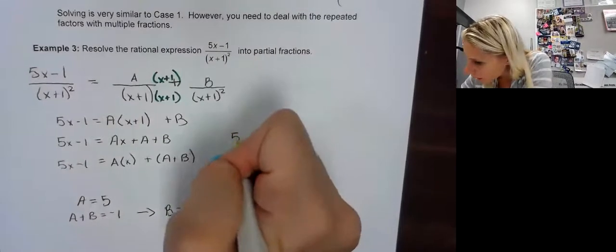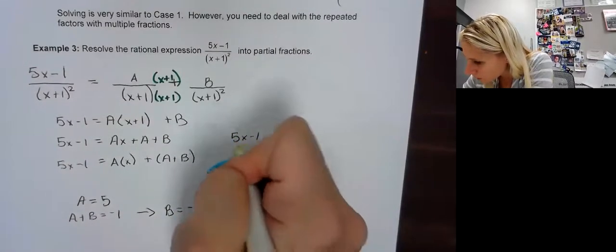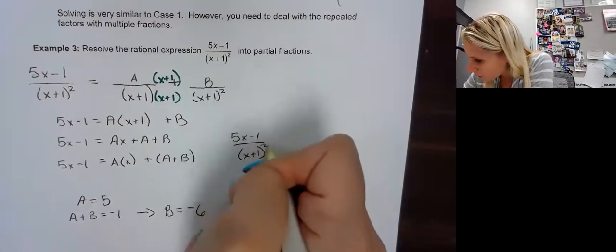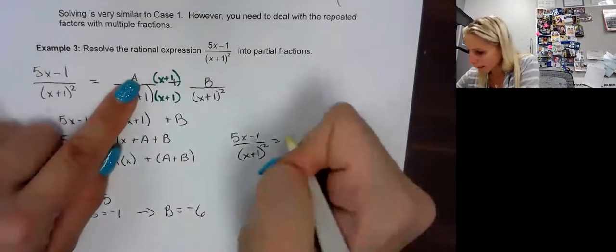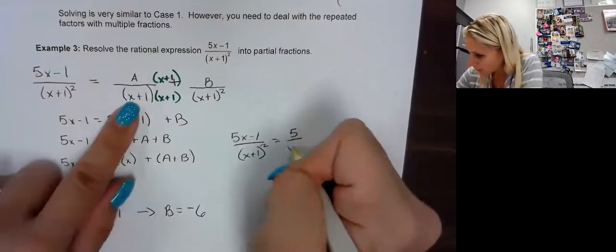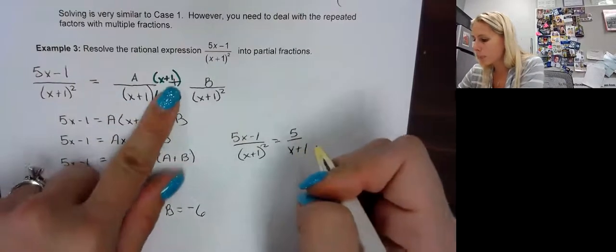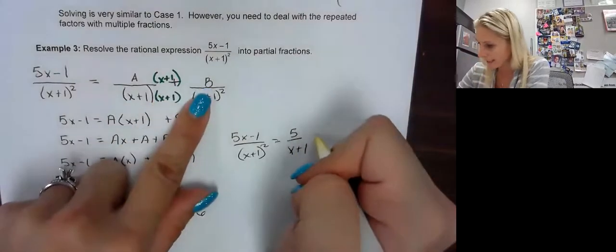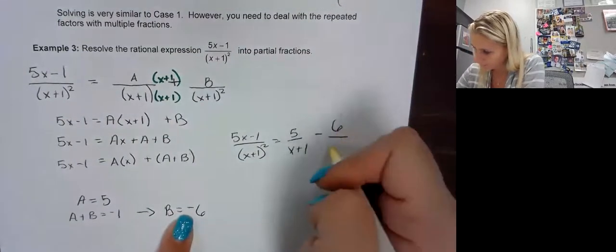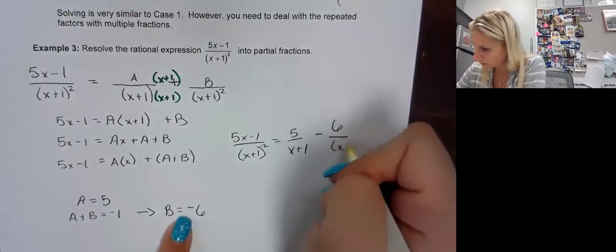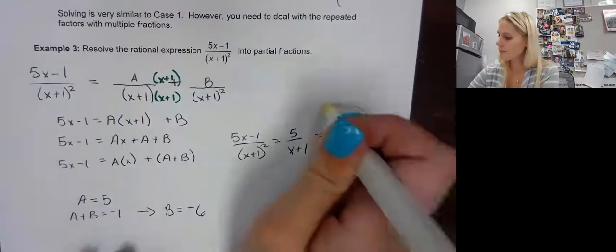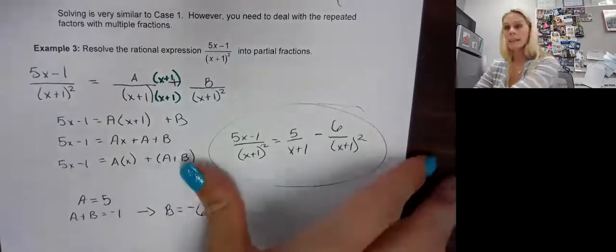So all in all, we have 5x minus 1 all over x plus 1 squared equals A is 5 over x plus 1. Now, we could say plus negative 6, or in this case, we could subtract 6 over x plus 1 squared. And that is case 2.